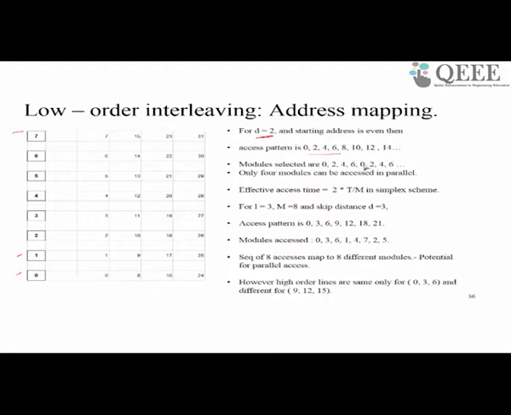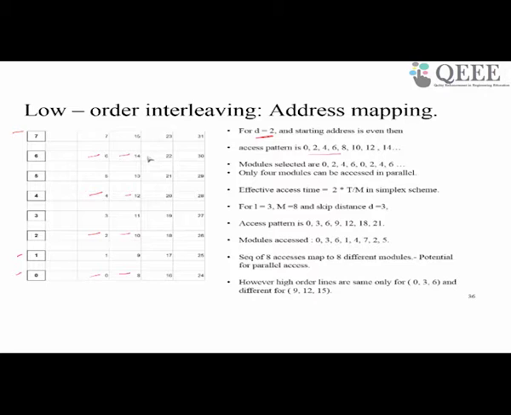So we will see to what modules these addresses get mapped onto. If it is 0, 2, 4, 6 and then 8, 10, 12, 14, this is how it gets mapped. So we will see that 4 addresses map to 4 modules, and the next set of 4 addresses will get mapped onto the same 4 modules and so on.